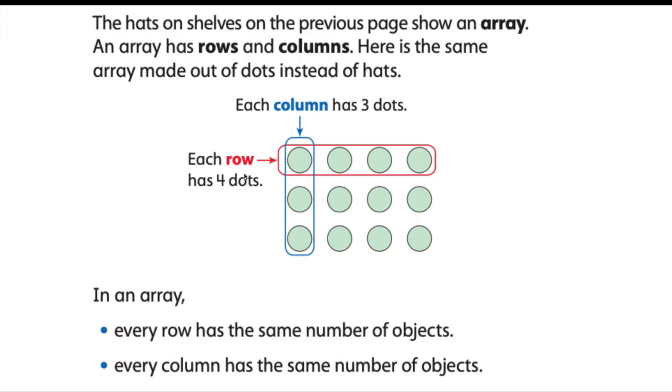We labeled that each row had 4 dots and each column had 3. Remember, in an array, every row has the same number of objects and every column has the same number of objects.